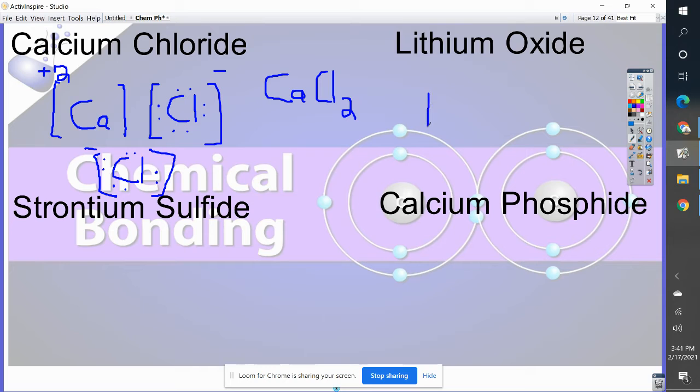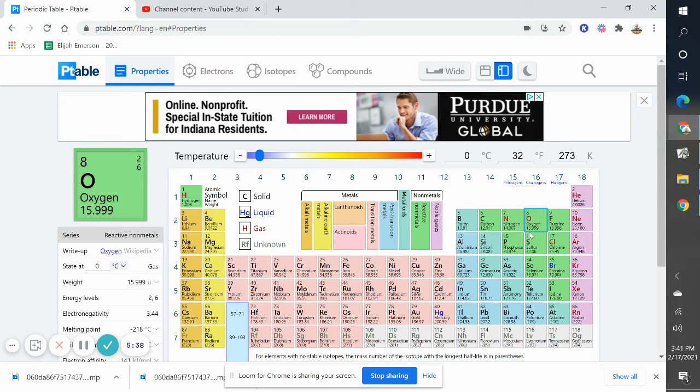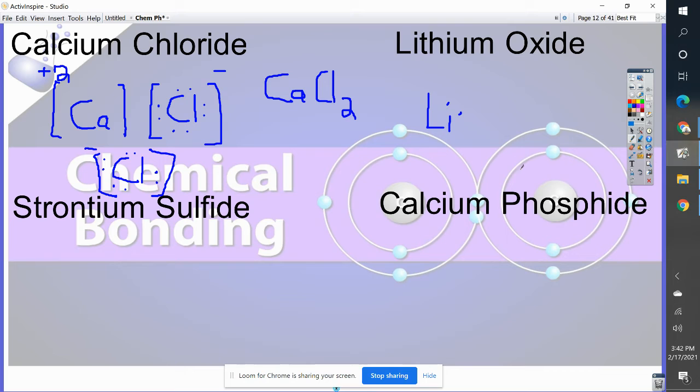Let's go ahead and draw it. Li, 1 valence. Oxide is oxygen, if it got happy. So here's oxygen. So it is 16, so it'd have 6 valence. So draw an O, capital O for oxygen, 6 valence. 1, 2, 3, 4, 5, 6.